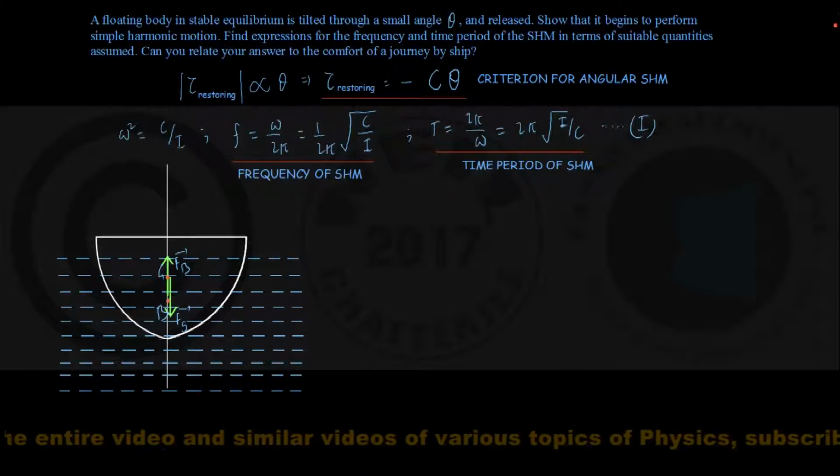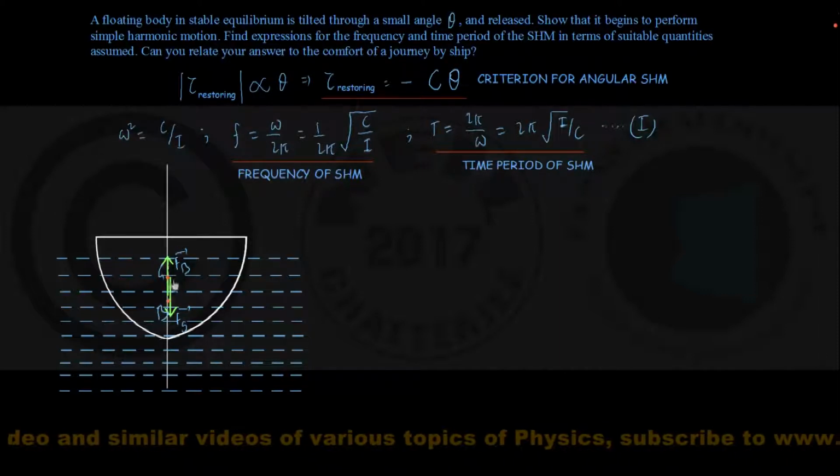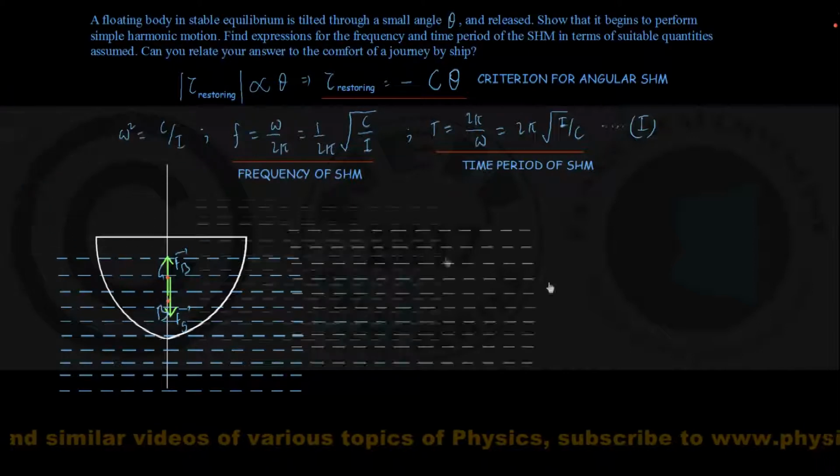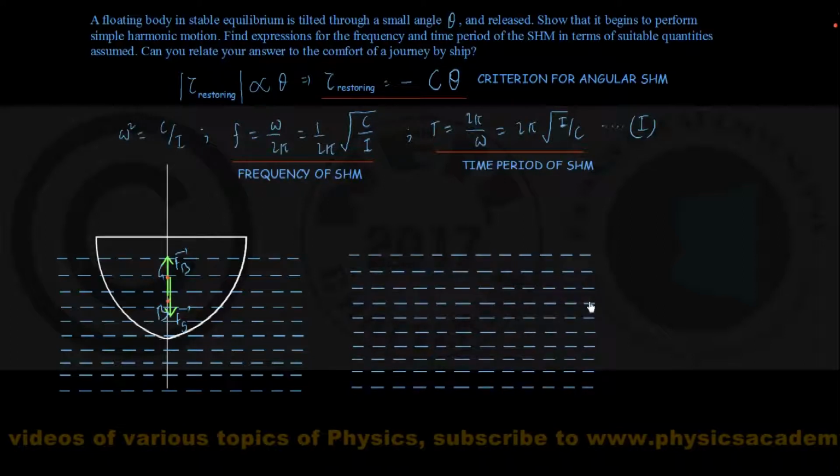That was the initial condition of equilibrium, stable equilibrium, and this body is upright. Now suppose, as they have said, the body is disturbed a little by giving it a small angular tilt, maybe in the clockwise sense.